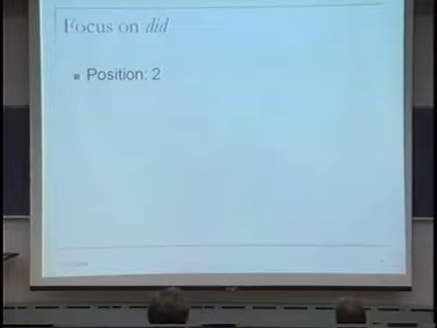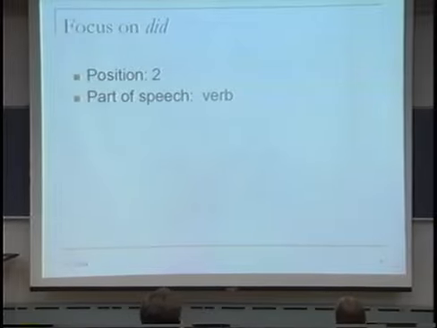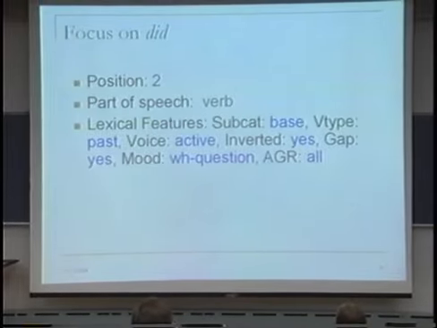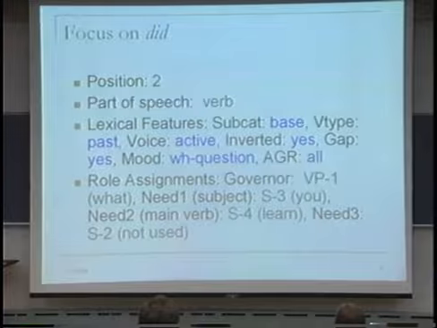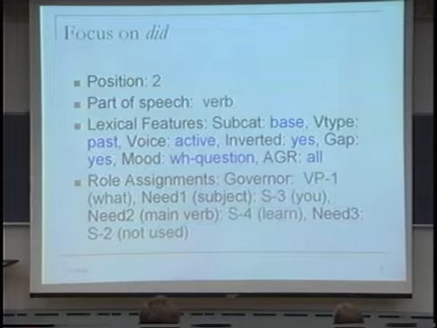So we have a position for did, we have a part of speech, we have a set of features, we have a set of role assignments. Now, it's interesting to look at those role assignments in that there's a lot of positional information there.